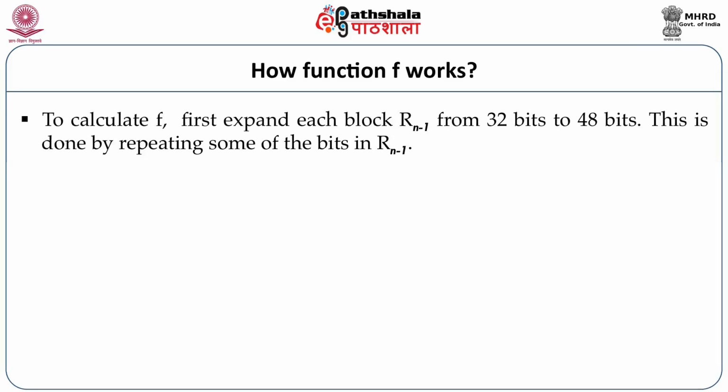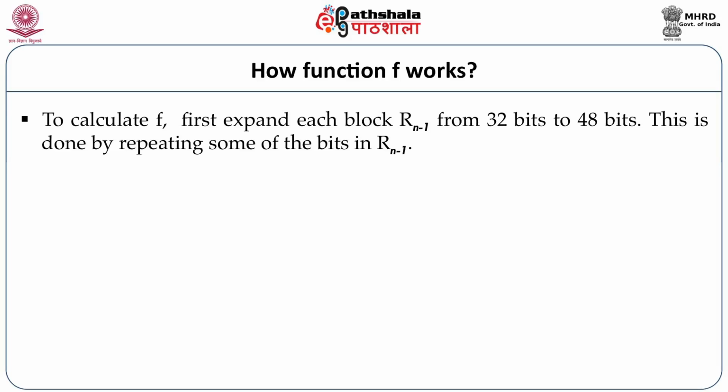To calculate f, first expand each block of Rn minus 1 from 32 bits to 48 bits. Why do so? Because our key is 48 bits and the right half which we have generated is 32 bits. So exclusive OR cannot be performed with 32 bits and 48 bits.